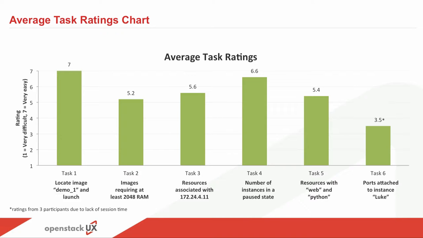It's important to note that only 3 participants got to experience this task due to timing for some of the other participants, so that rating only considers 3 ratings instead of the 5 for all the other ones. But as you can see, most of these are above what would be considered the mid-range of 4, with some of them varying in ease rating.